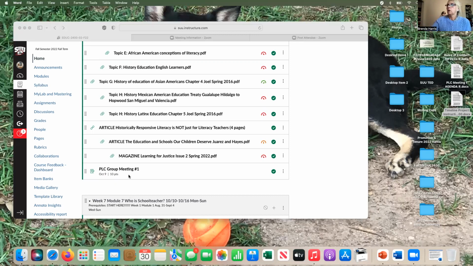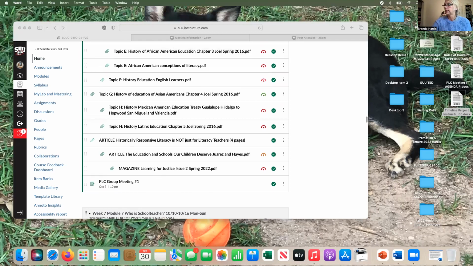All right. So now let's take just a minute to look at what the instructions are for the timeline project, what you're going to be working on. Your first two agendas, your first two PLC meetings, will be for your timeline project.